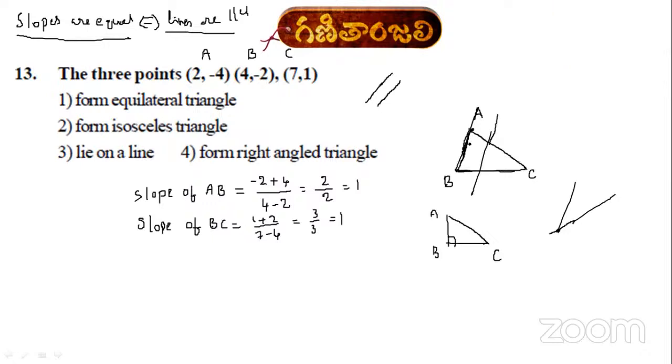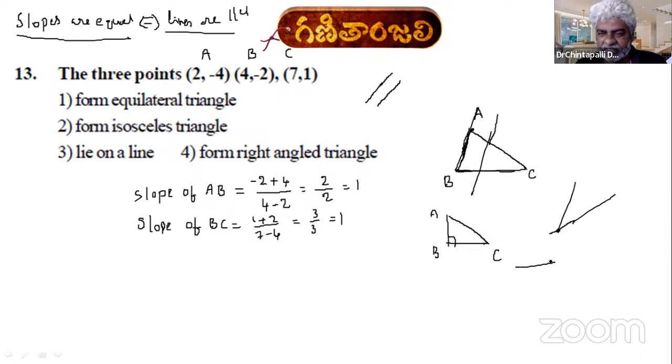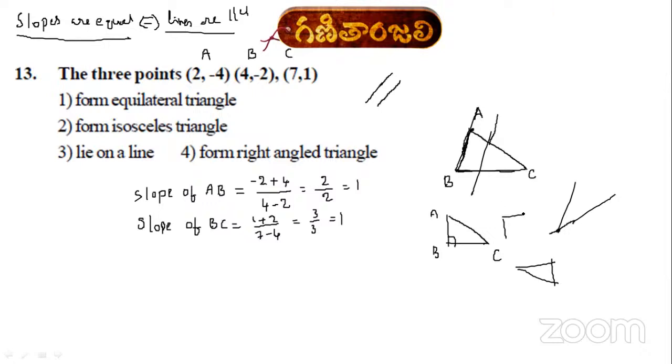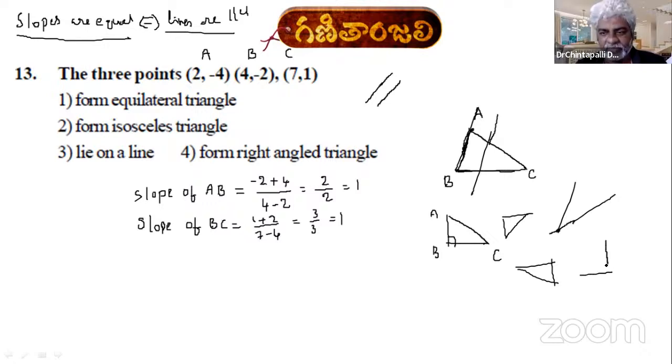But triangles do have perpendicular sides. This triangle has perpendicular sides, this triangle has perpendicular sides, and so does this one. These triangles are called right angle triangles.